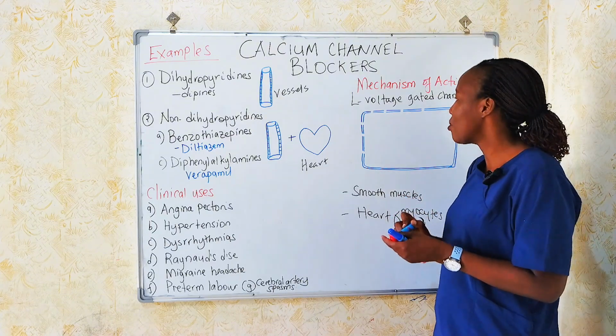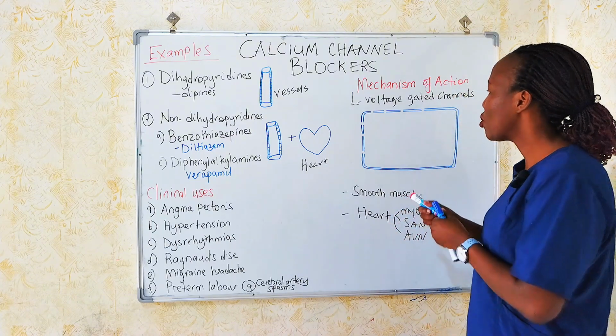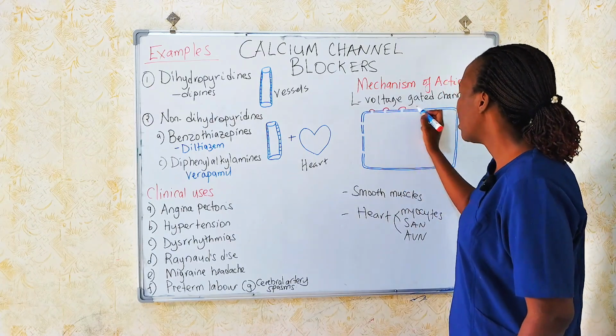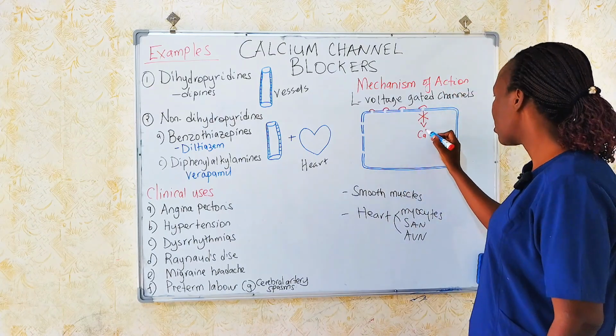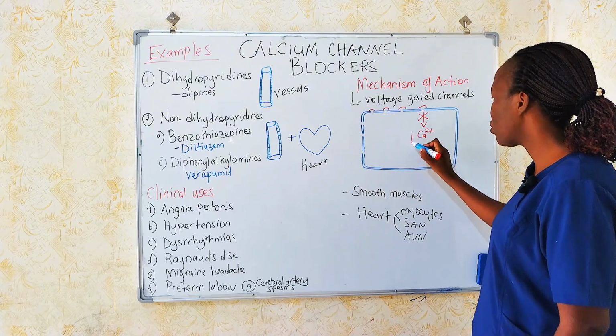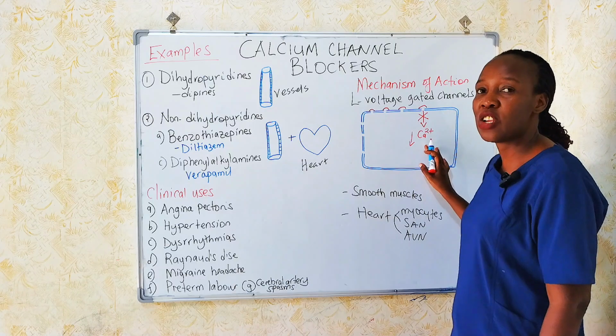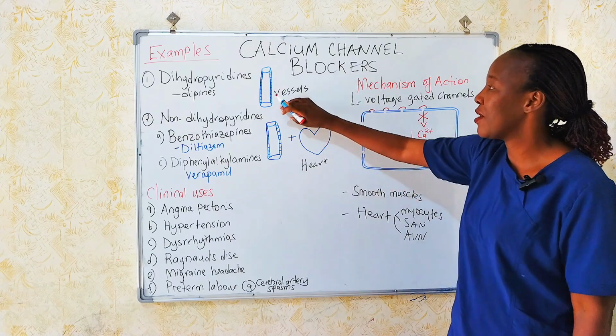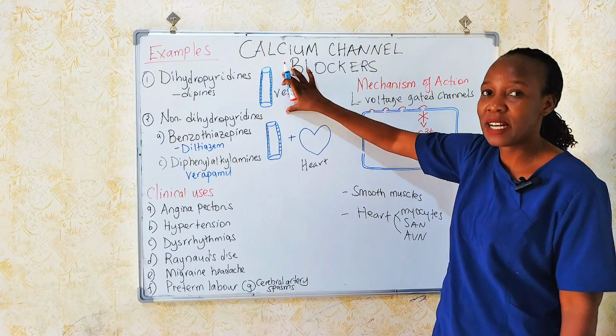So the calcium channel blockers are going to plug off these channels. They're going to close off these channels so that we block the entry of calcium into the cell, and therefore we are going to reduce the intracellular calcium. And what is going to happen? On the vessel, this vessel is going to relax.